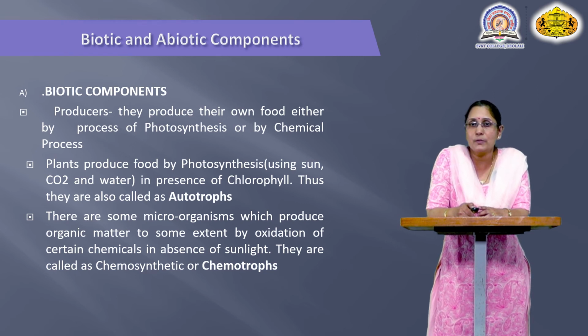With the help of simple mineral oxidation or organic matter oxidation, these chemotrophs are able to produce some amount of energy. So here you can see these autotrophs and chemotrophs, which are nothing but the producers. Producers means those which are able to deliver the energy in the particular ecosystem. So this is the base or static level of the ecosystem.